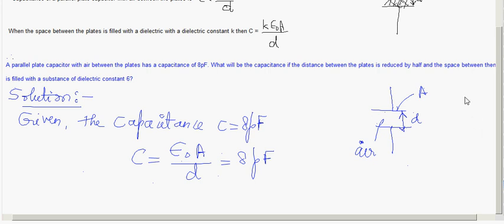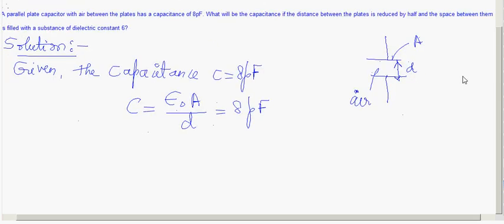Now in the second case, the region between the plates is filled with a substance of dielectric constant 6, and the distance between the plates is reduced by half. So D has now become D by 2.